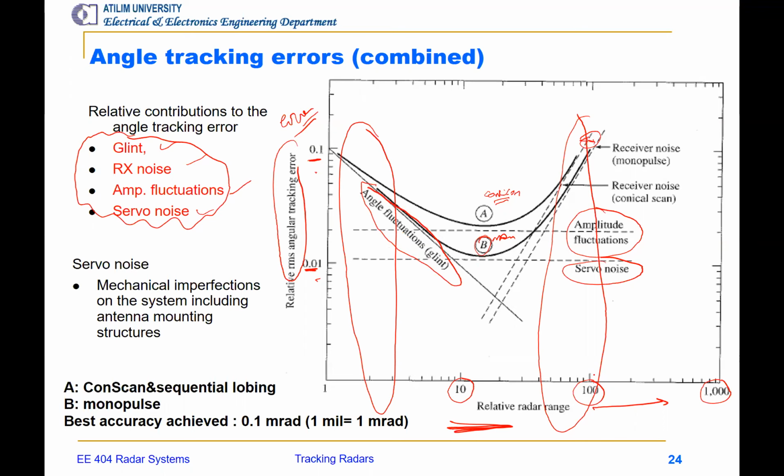For large distances here, we see that receiver noise is the main limitation to the accuracy of the tracker. It's relatively better in monopulse, but that's still a problem for monopulse. Okay, so this is how we evaluate this figure.